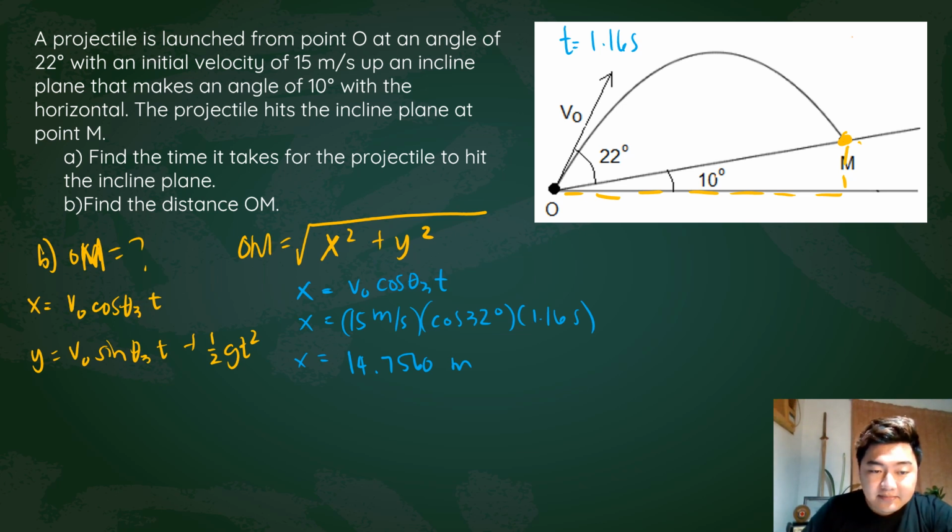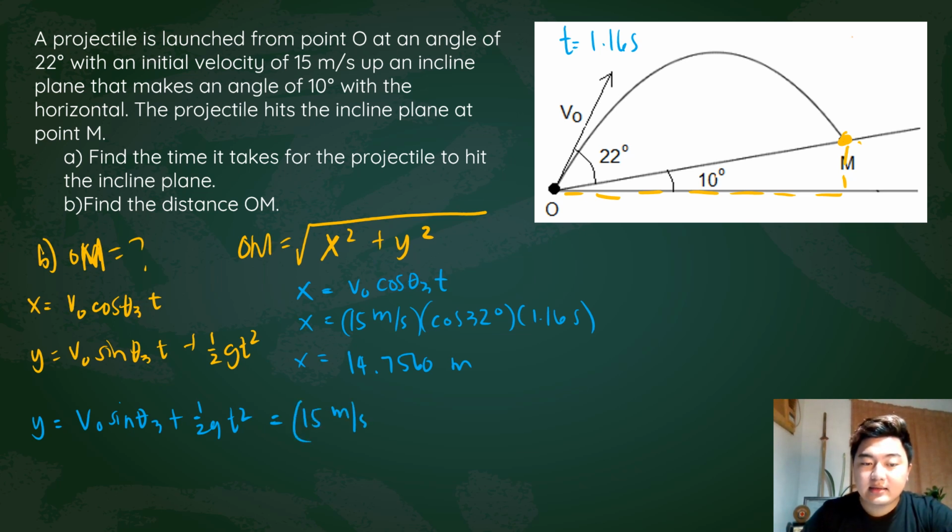Now for y, so y is v0 sine theta times time plus 1/2 gt squared. If you substitute your values, you have 15 meters per second times sine 32 degrees times 1.16 seconds plus 1/2 times negative 9.8 meters per second squared times 1.16 seconds squared.